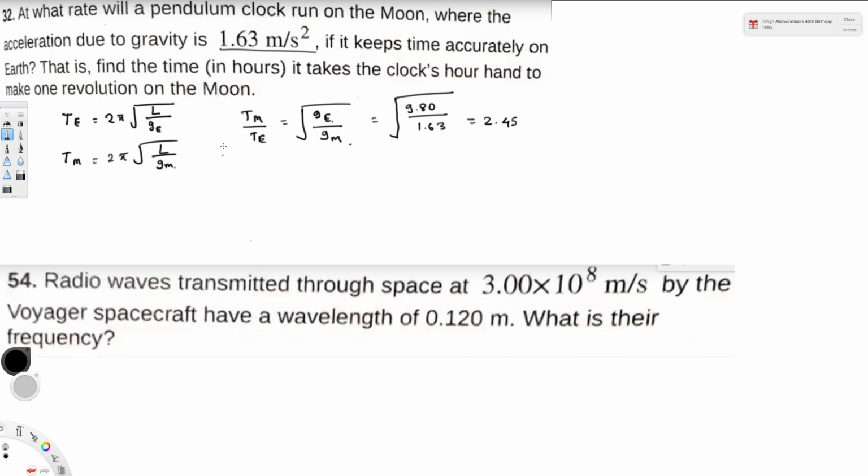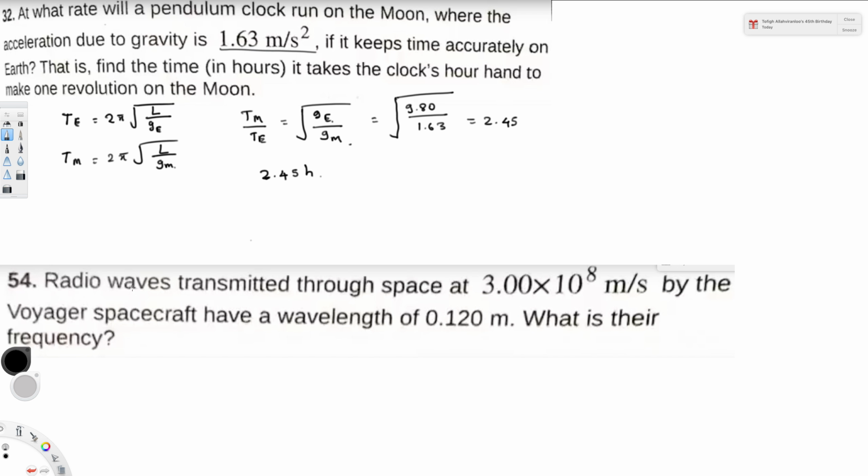On the Earth it's 1 hour, but on the moon it's 2.45 times slower. So it's going to take 2.45 hours for the clock to make one revolution on the moon, and that's how it's done.